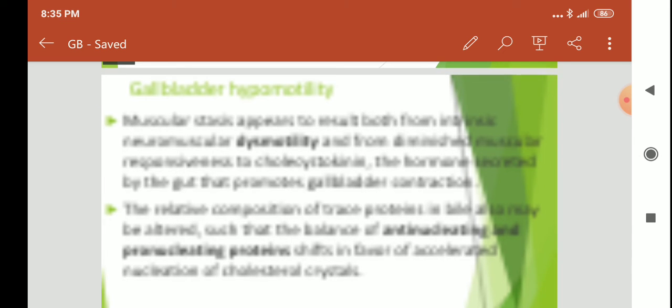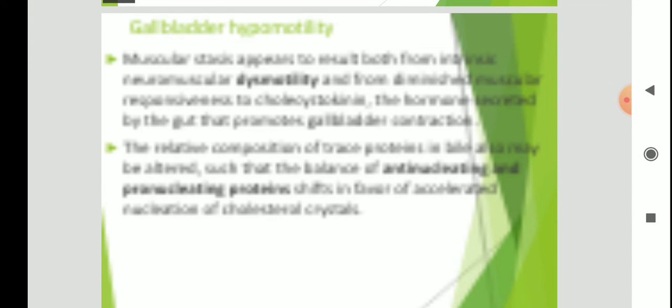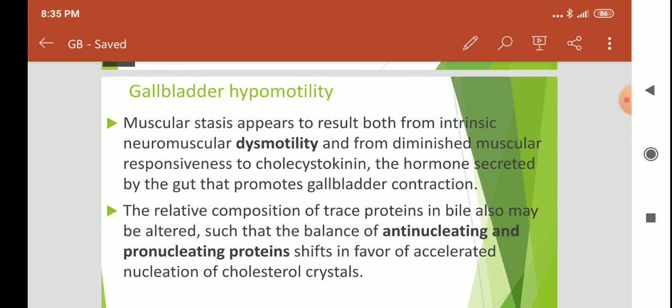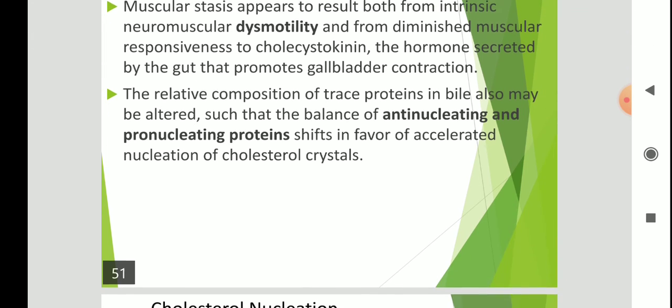So here then the gallbladder hypomotility. An important contributing factor. The muscular stasis appears to result both from intrinsic neuromuscular dysmotility and from diminished muscular responsiveness to cholecystokinin, the hormone secreted by the gut that promotes gallbladder contraction.